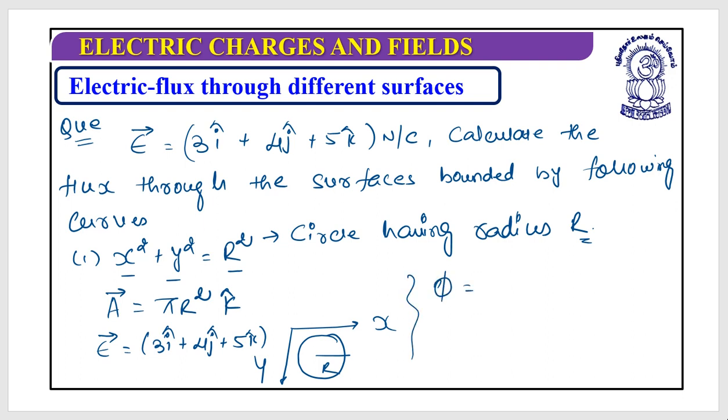Flux is E dot A. When I perform a dot product, I know that only the k terms would remain, and the others would be 0 due to cos 90. So the answer should be 5 multiplied by pi into r square Gauss.